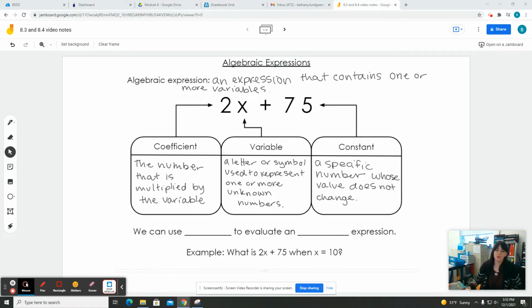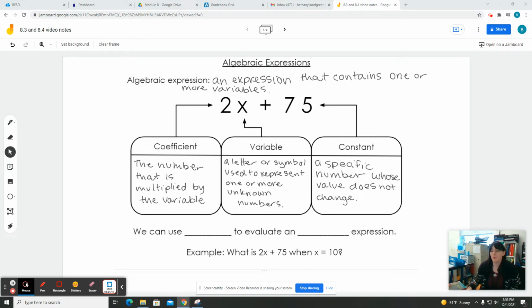So a constant is something that is not attached to a variable. It is all on its own. And so the 75 will not change, because it's just 75. But the x and the 2 can change depending on what the x represents. Because the x can represent 2, it can represent 4, it can represent 5 gajillion, if you really want it to. That term is going to change depending on what you plug into x.